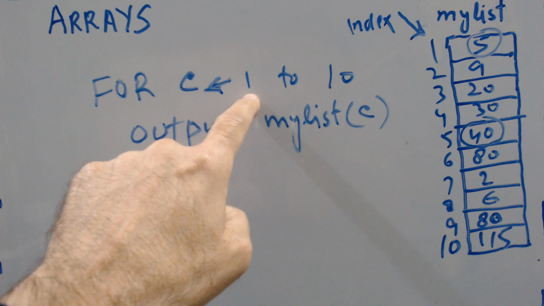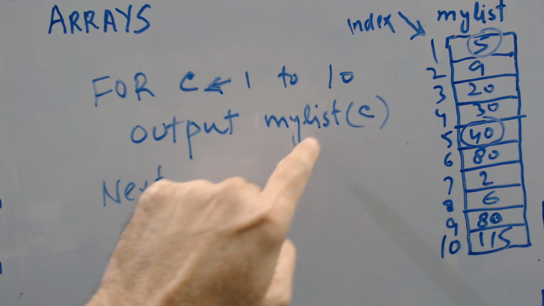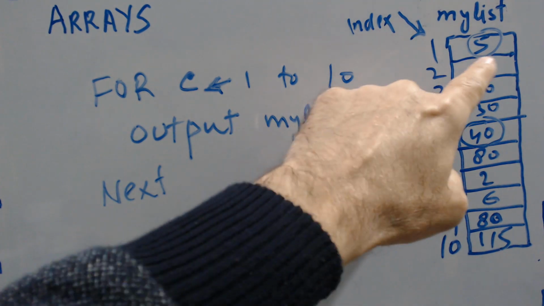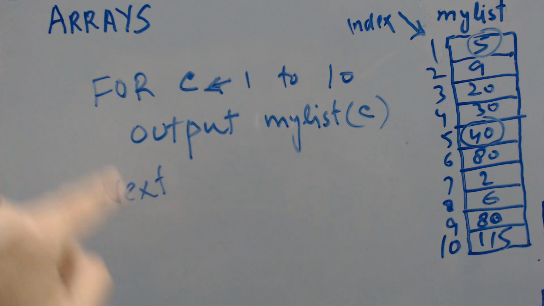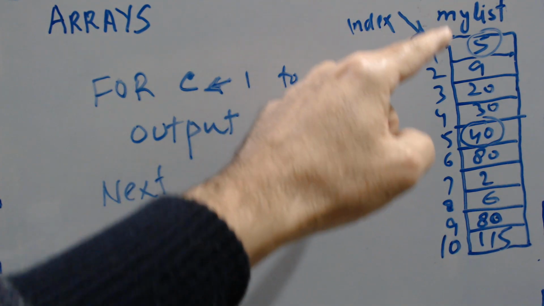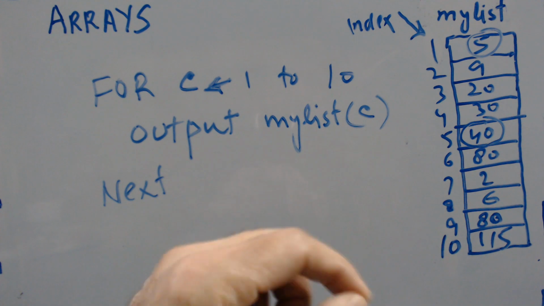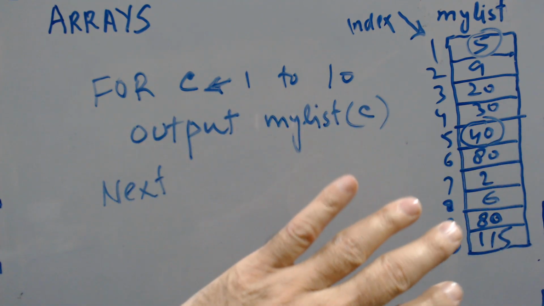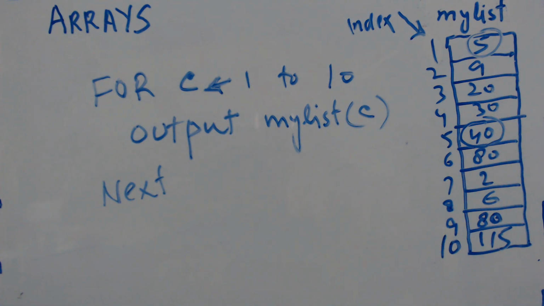Now this time the output value will be my list 2, so that will be 9. In the same way, this loop will run for 10 times, and it will display all the values stored in the arrays. So this was only possible with the arrays whenever you need the previous values which were input.